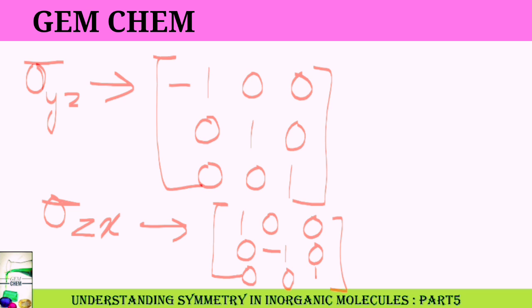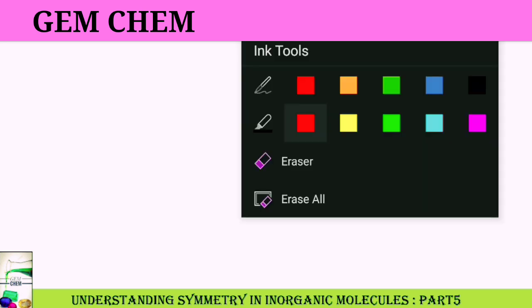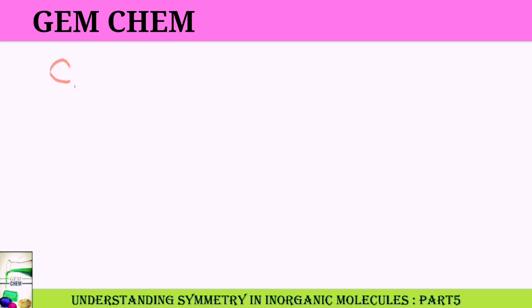Now we are going to see how we can multiply these matrices. So one of the multiplications which I will show you is, see here, C2z into sigma xy. So what are the matrices?